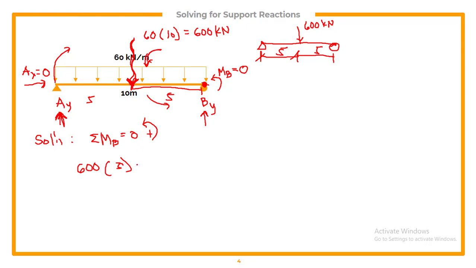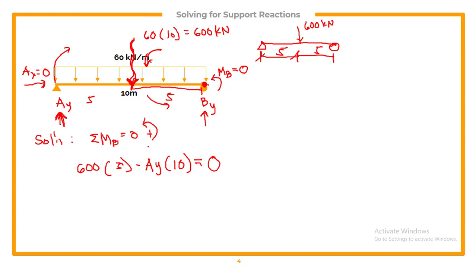So, therefore, that is negative AY times the distance of AY from the reference point. So, that is 10 meters. Therefore, this is 10 meters, always equals to 0. So, therefore, makakuha na natin ang value ni AY.